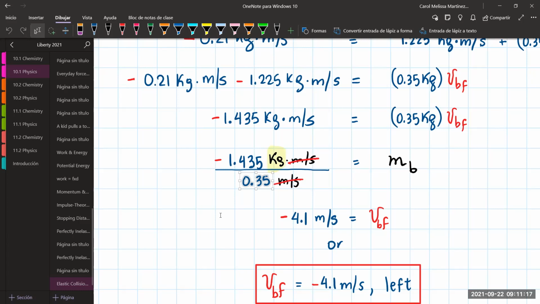The rest of the procedure is the same. So whether you need to isolate for mass or velocity, it's going to give you a good answer. Okay, just check that the units match. If you're isolating mass, the unit should be kilograms. That's all you need to be aware of.